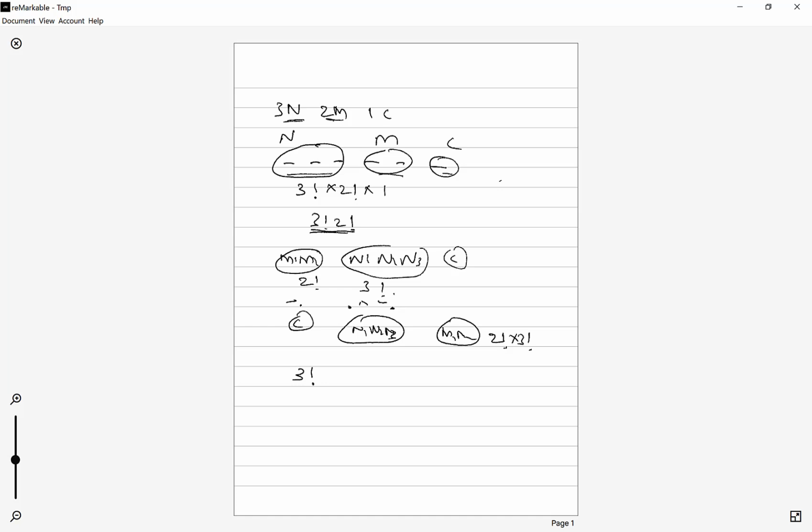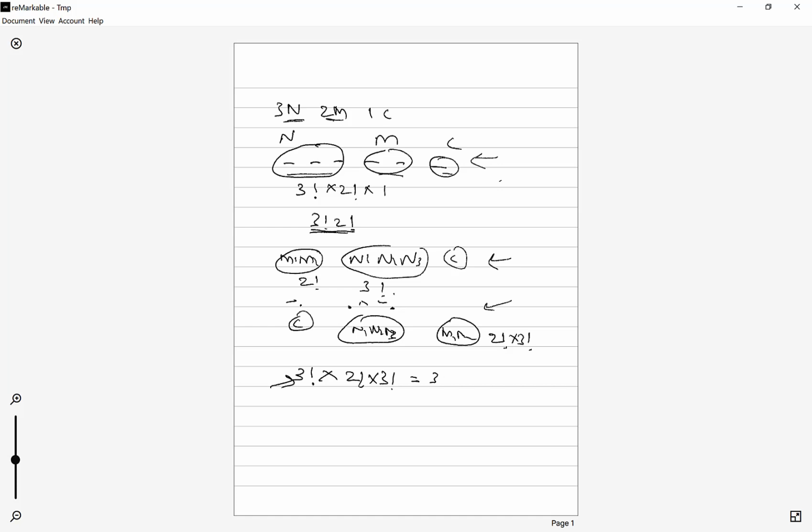It's too painful to list out all of these combinations. So you can have novels followed by mathematics, followed by chemistry; mathematics, novel, chemistry; chemistry, novel, mathematics; mathematics, chemistry, novel, and so on and so forth. So that's 3 factorial combinations, and for each of them I have 2 factorial times 3 factorial arrangements.